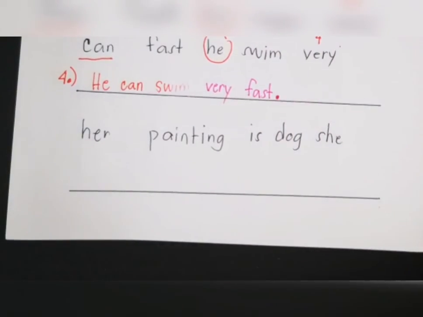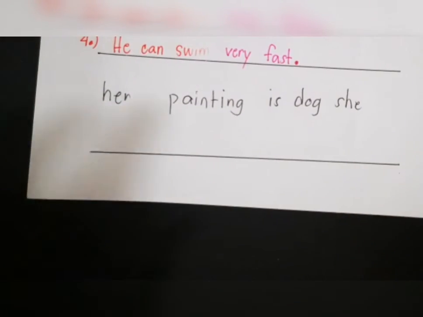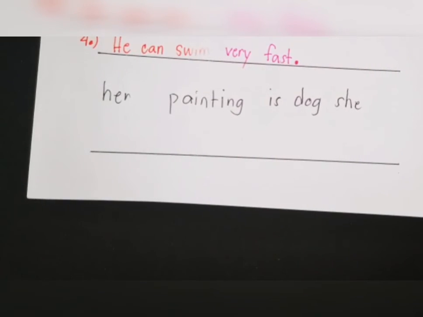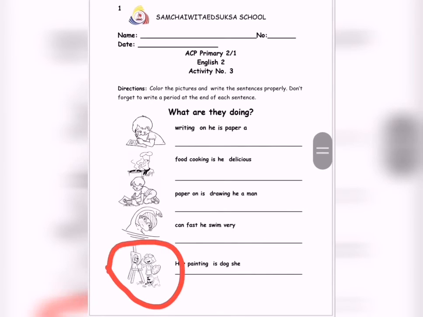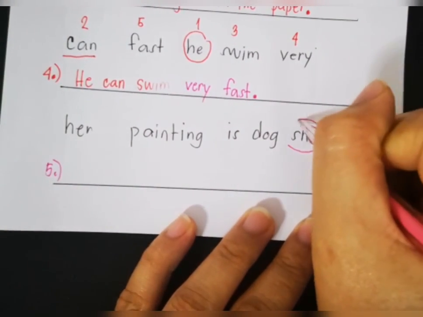And write a period. Let's go to number 5. This is the last one. Is she a boy or a girl? Please look at the picture. In the picture it's a girl, so of course it's she.